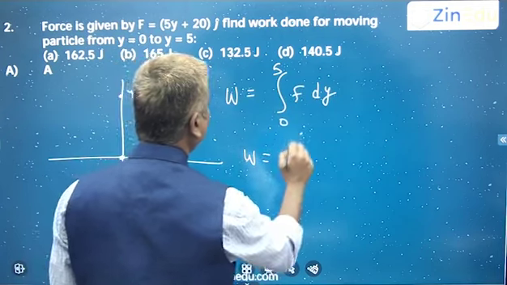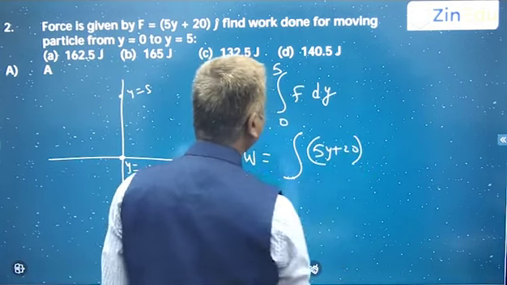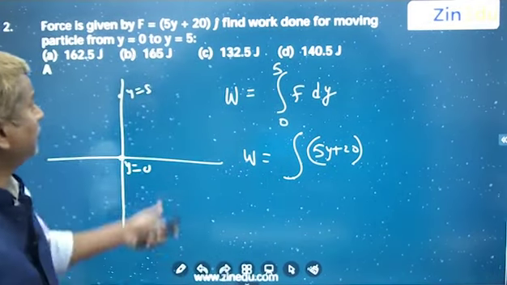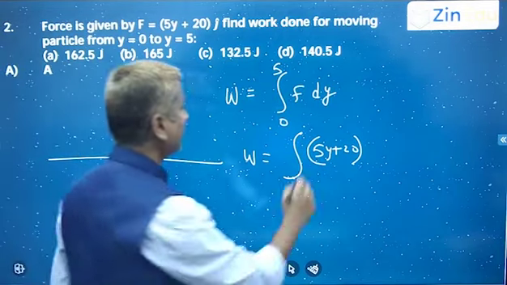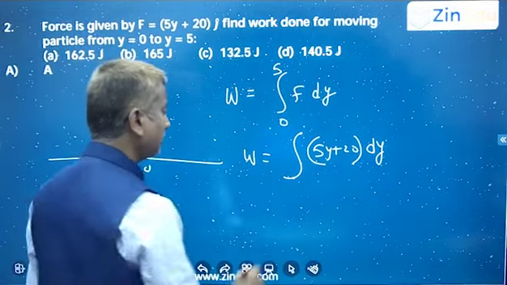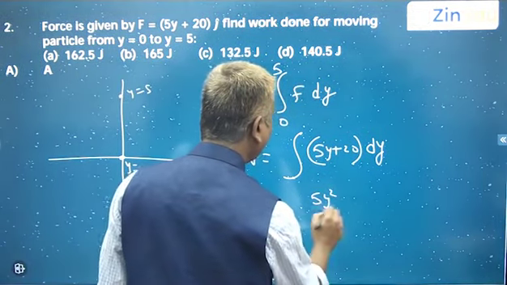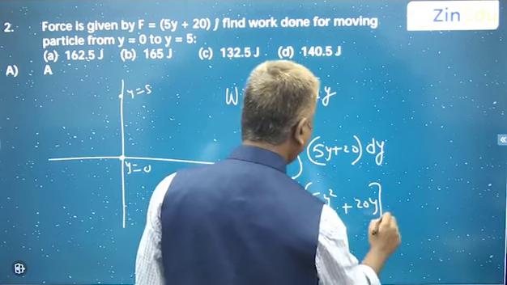So work done is equal to the integral of the force (5y plus 20) dy. The j cap means the force is in the y direction, and it is also a function of y, so no problem. Directly you can put this and integrate: 5 into y square by 2 plus 20y. Now substitute the limits 0 to 5.